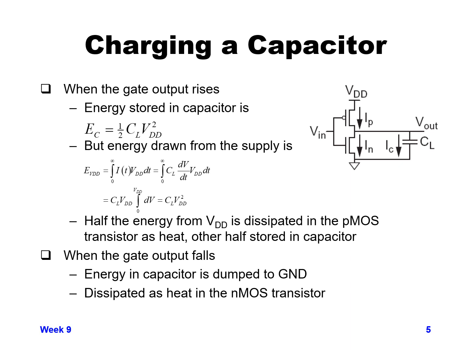Then if we switch Vin back, from when we had Vin low and were charging the capacitor up for V out, to high, we now discharge the capacitor, and that energy in the capacitor is dumped to ground, dissipated as heat in the NMOS transistor as it's pulling the output capacitance down to ground.